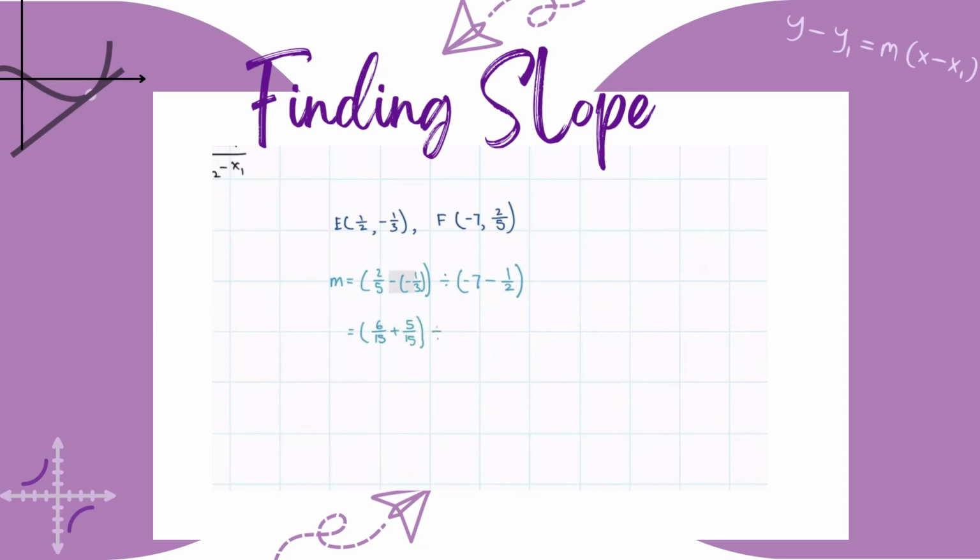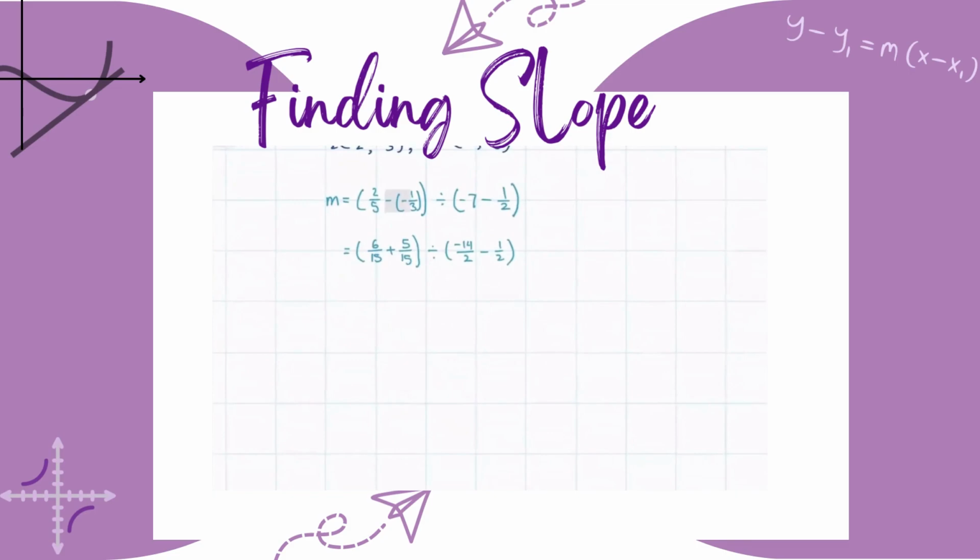For the second one, the common denominator is 2. So multiply the numerator and denominator of the first one by 2. That's negative 14 over 2, minus the denominator that's already at 2, so we leave it the way it is.